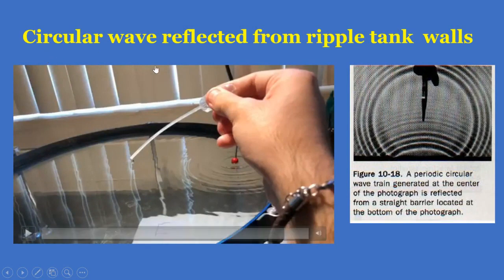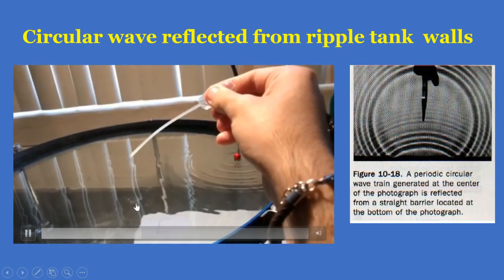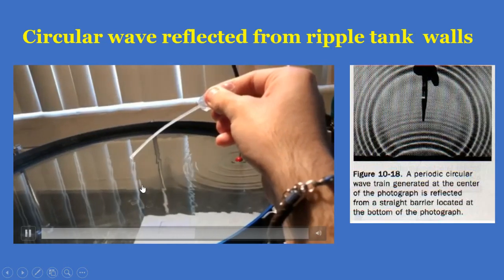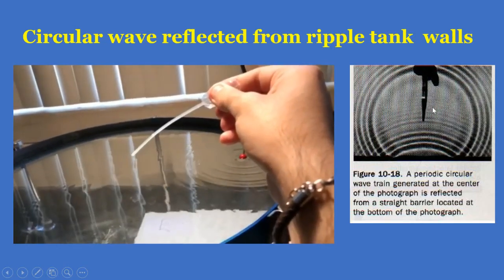Now, this will be the last one, a circular wave reflected from ripple tank walls. To do that, this tray that I selected is circular, not the square tray. This is a circular one, so students can see better. So what happens is when a drop hits the water, it is going to create a different pattern.